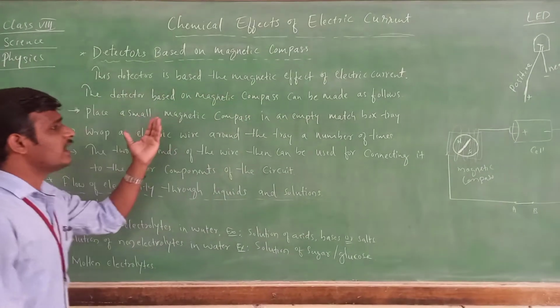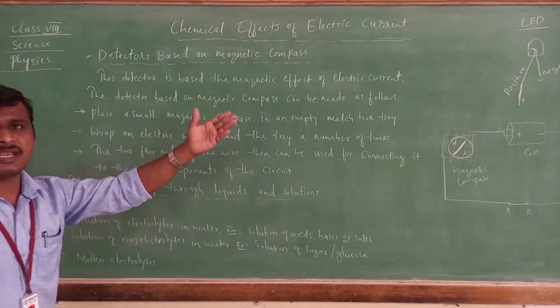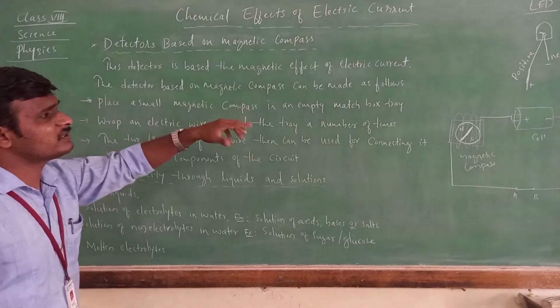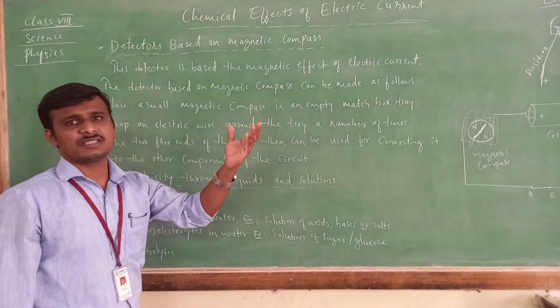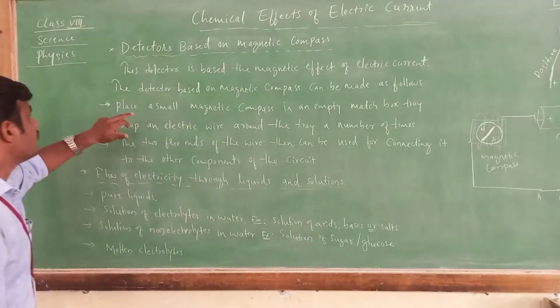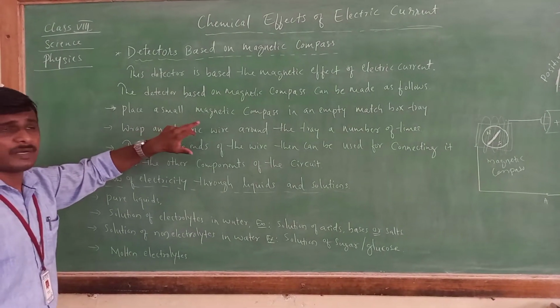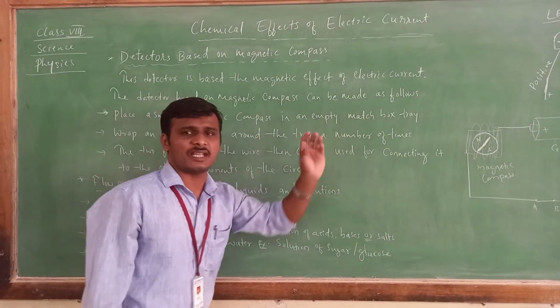So the detector based on the magnetic compass can be made as follows. With the help of these steps, we can make a magnetic compass detector to find the flow of electric current in the circuit. First, place a small magnetic compass in an empty matchbox tray.